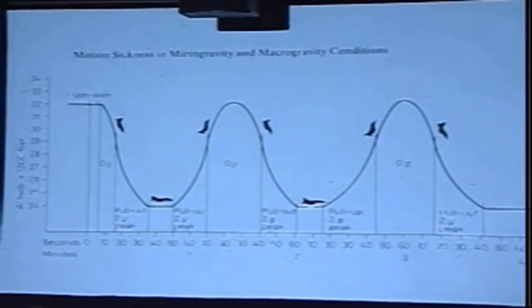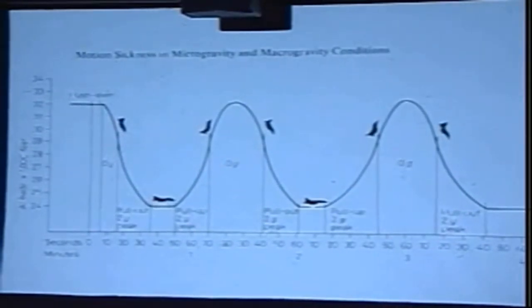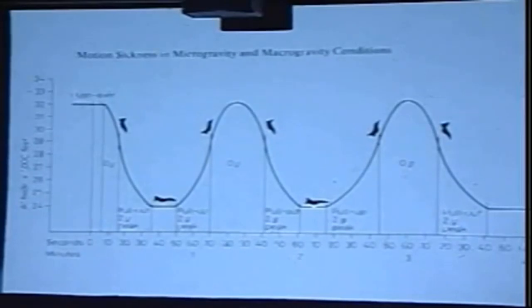Now the irony is that the reason why these flights are done is to study motion sickness under weightless conditions. Astronauts were complaining about motion sickness. And so Professor Young and Oman have done lots and lots of experiments with airplanes, and later also in the shuttle, to study this motion sickness.